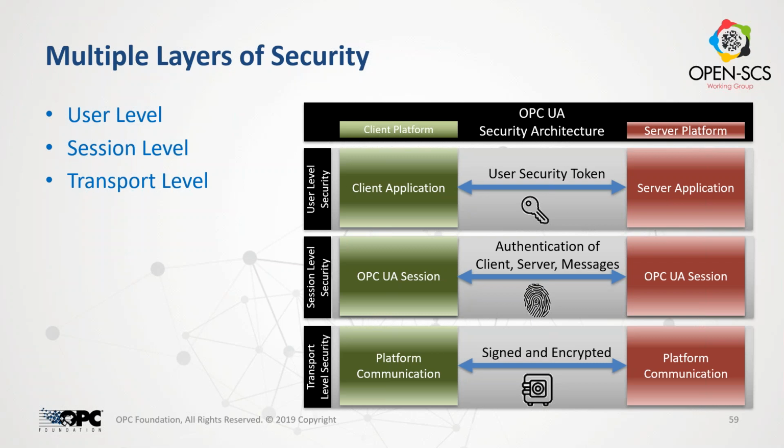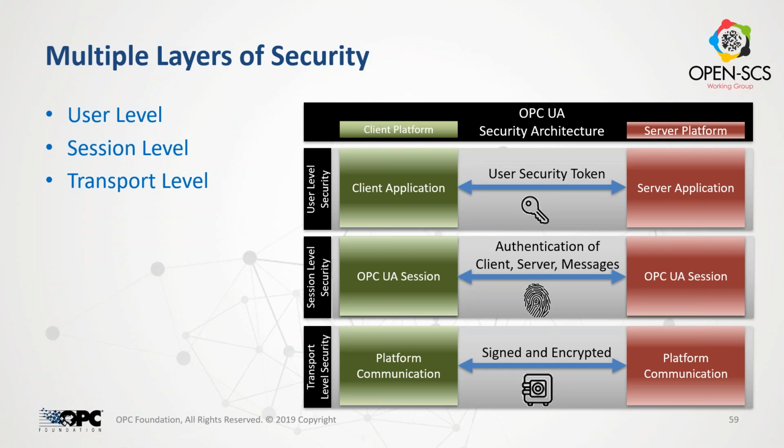And then finally, there is signed and encrypted communications at the transport level so that this information isn't going across in plain text or open text, so it can be encrypted as well. So you have multiple levels of encryption, multiple levels of security. So part of setting this up is to configure these correctly.